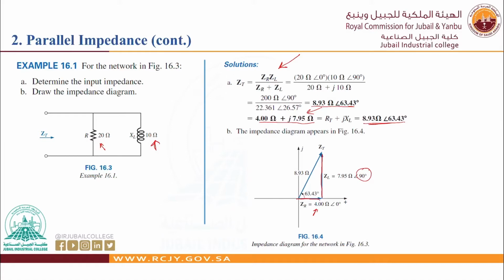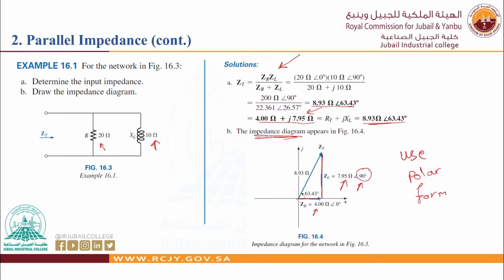Very important note: in case of drawing an impedance diagram, you must use polar form, because we need a magnitude and angle.